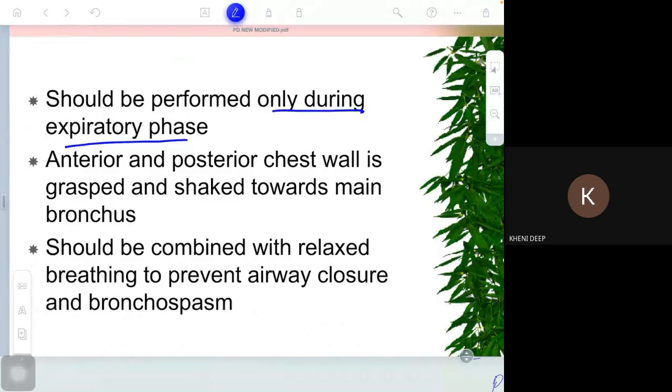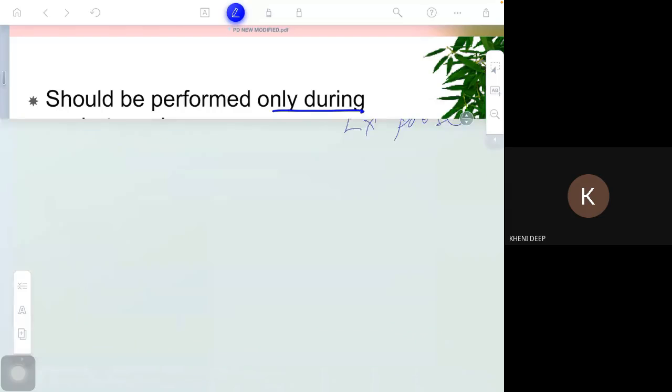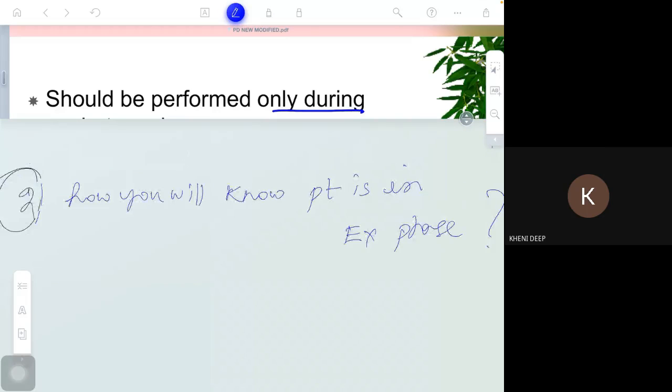The anterior and posterior chest wall is grasped and shaken towards the main bronchus. Suppose, imagine the patient is lying in the side lying position.